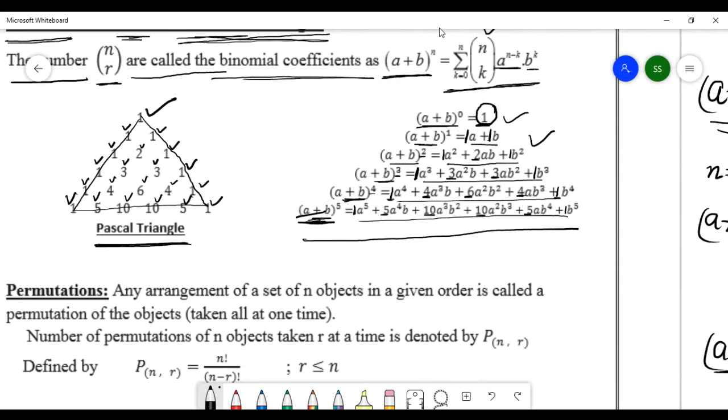So you find (a + b)^0, (a + b)^1, (a + b)^2, and so on, take all the coefficients and arrange them like this. This is called Pascal's triangle.